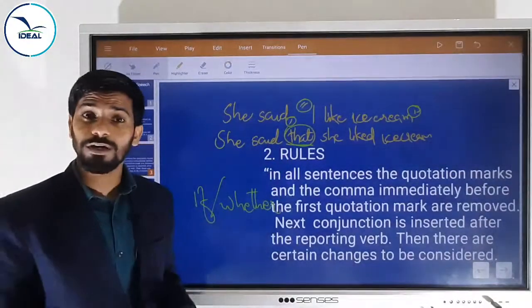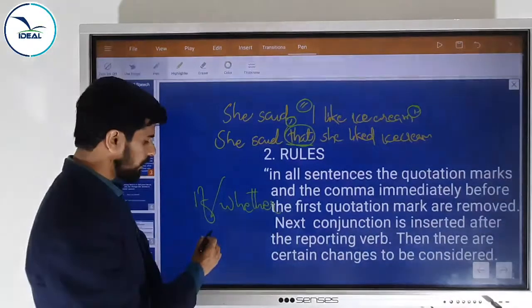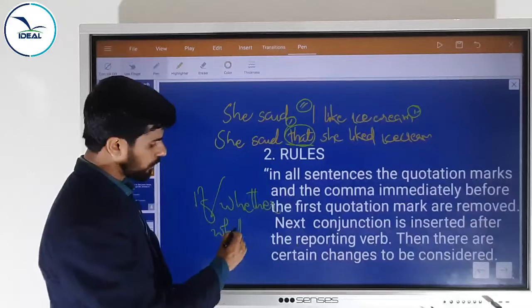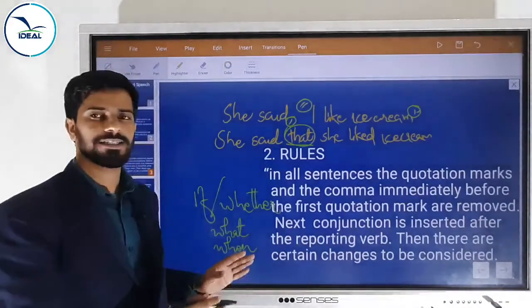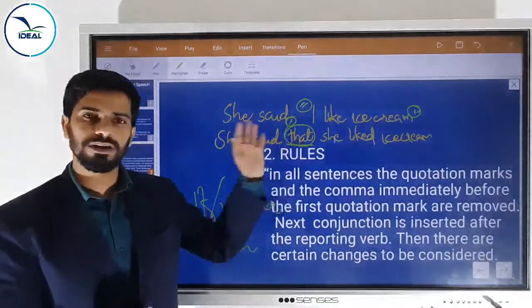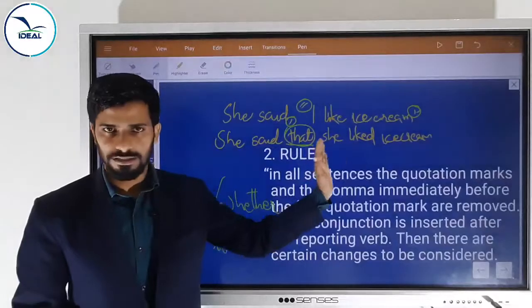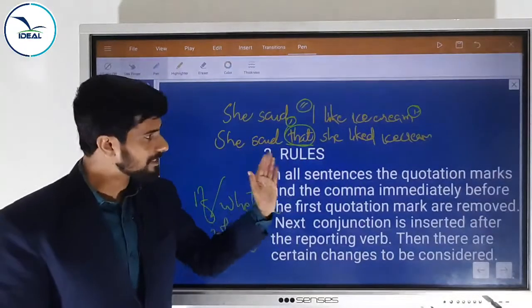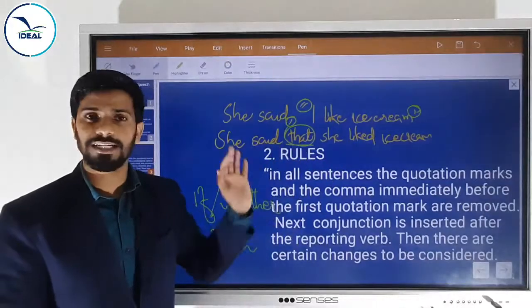And at the same time, if it is a WH question, the question word itself, for example, what or when, will be the conjunction. Right. So the conjunction changes as per the sentence. If it is a declarative sentence, you add that as the conjunction.